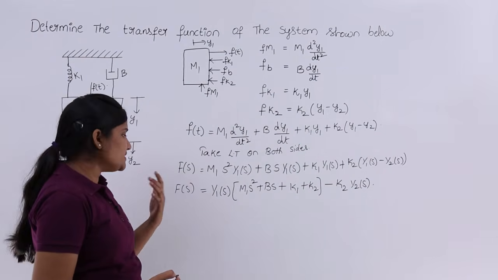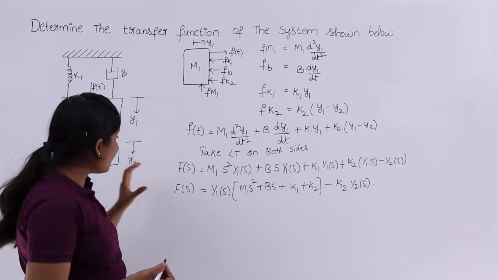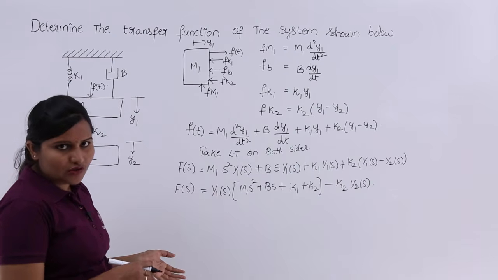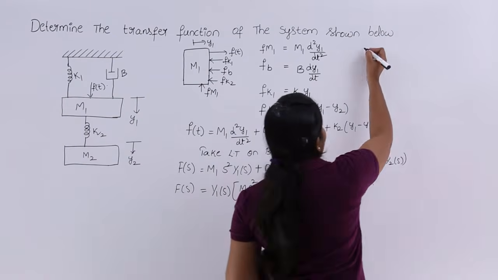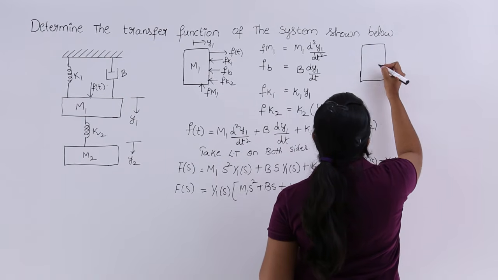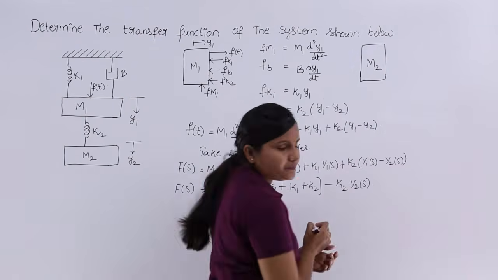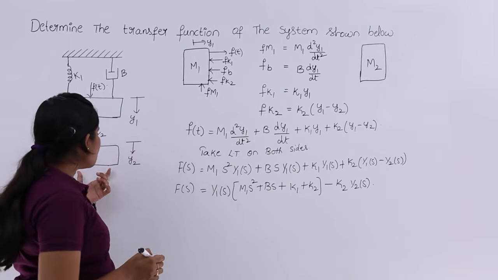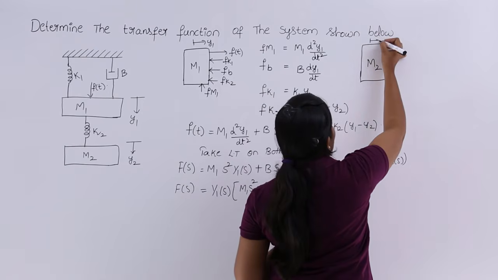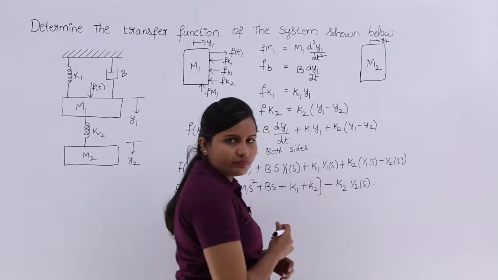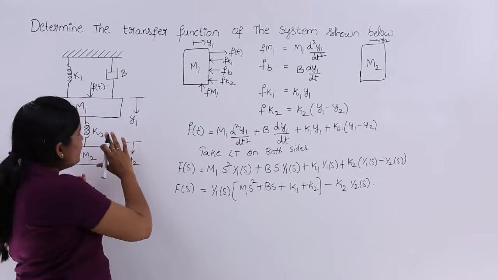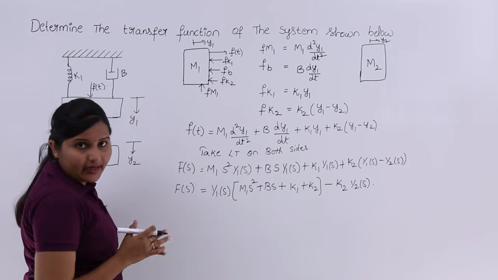Coming to the second free body diagram, we have another mass also, and we need to consider that effect too. So I am going to take the second free body diagram of mass m2. You have mass m2 here, and its displacement is related to y2, so I am taking it in terms of y2. Here there is no external force. Only at mass m1 are we applying an external force.